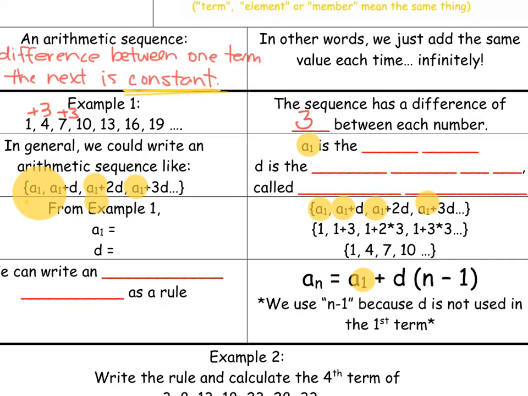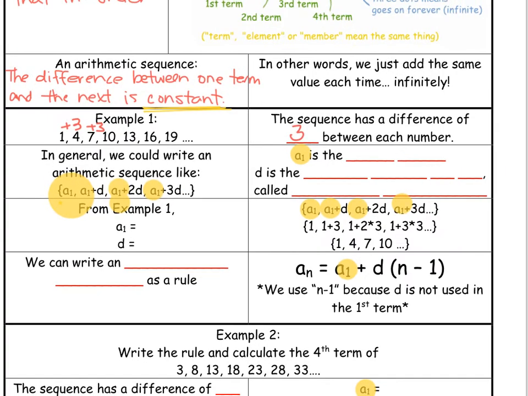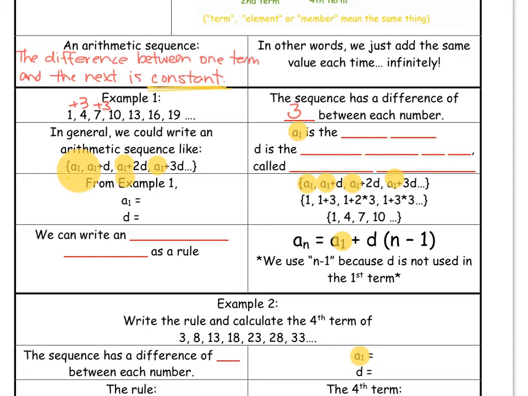The first term in the sequence is always called A1. We called that our start, but we're going to call it the first term. The D is going to be the common difference, and that's just the difference between the two terms.